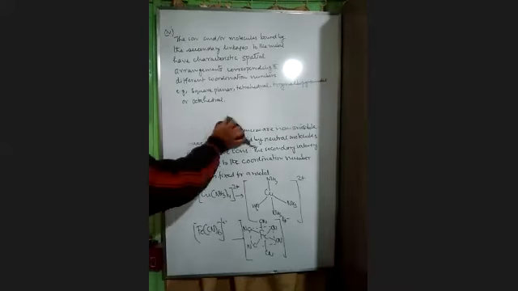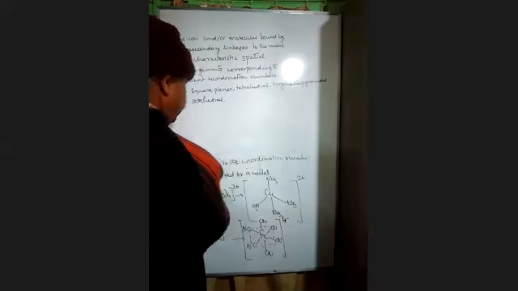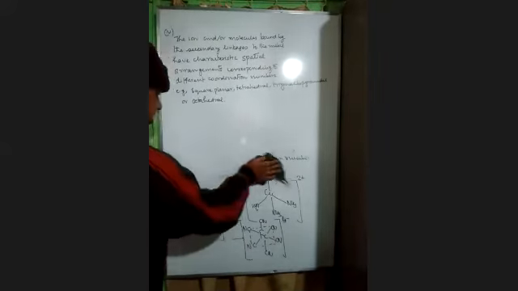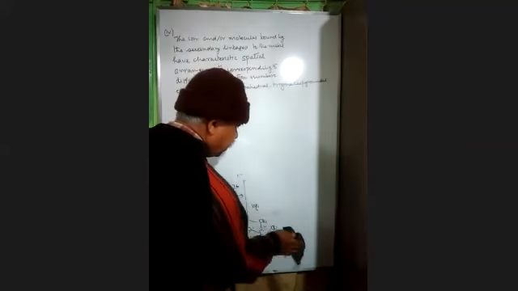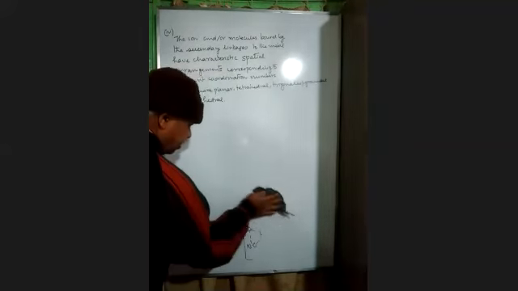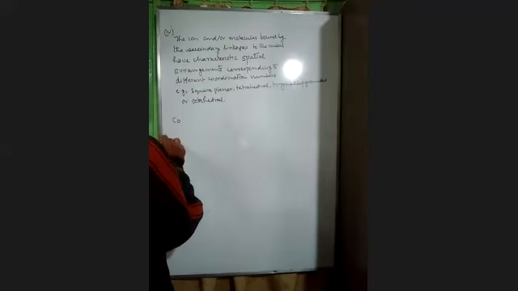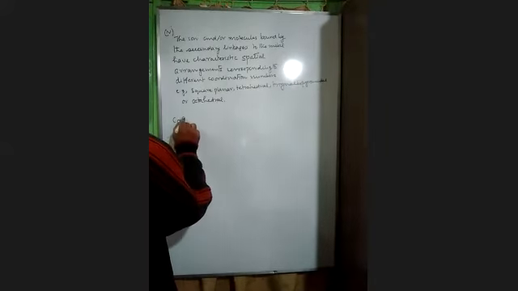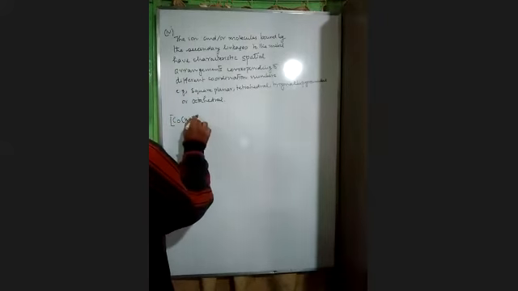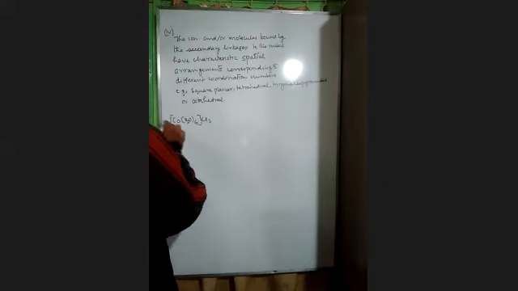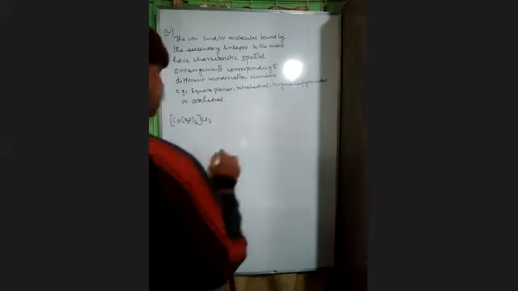Okay. So now let me write. See, we use square brackets here, but in a compound you cannot have square brackets. I want to show you the types of linkages in this coordination compound, so let me write it like this.